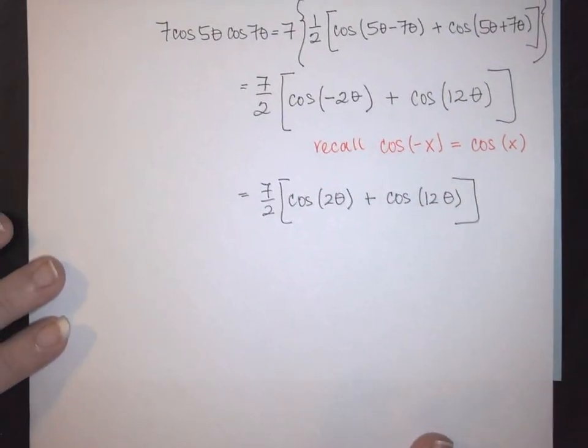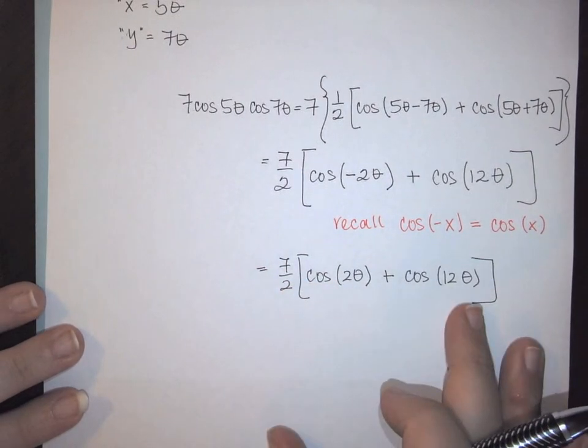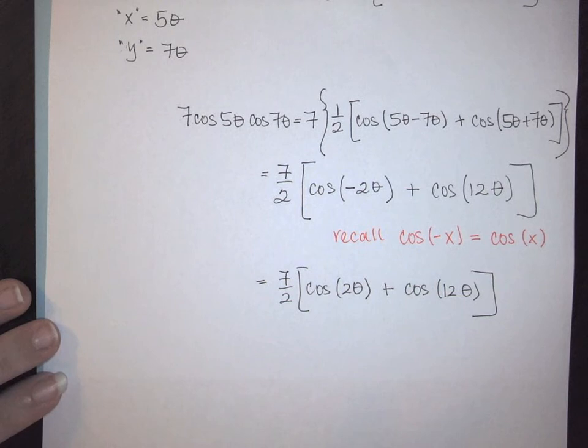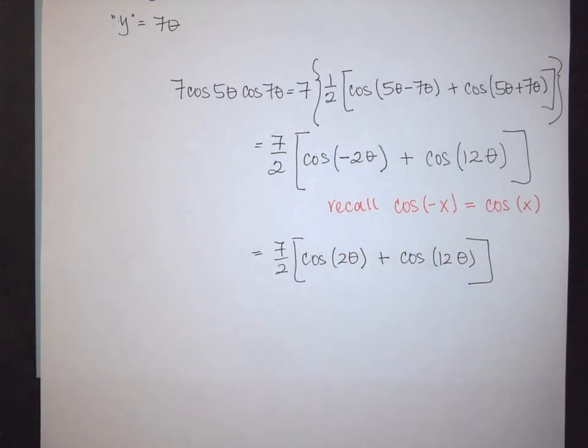Once again, that is going to be your exact value, because we don't know what that theta angle is. And that is all we were asked to do, simply apply the appropriate identity to our problem.